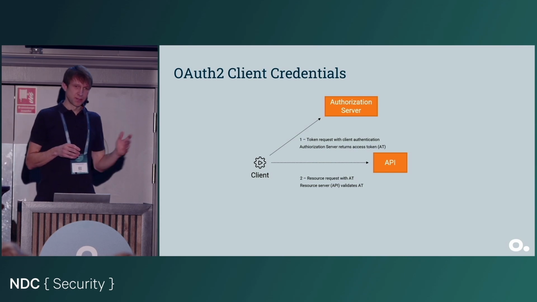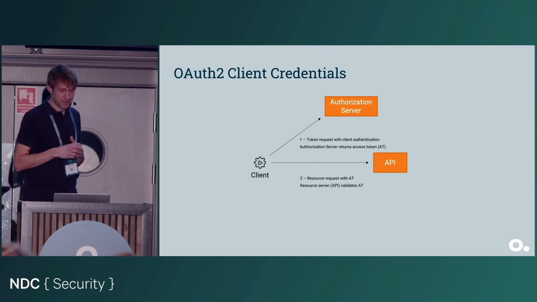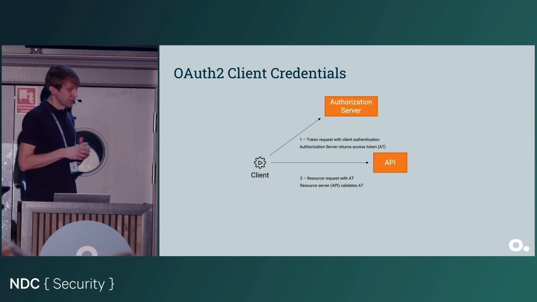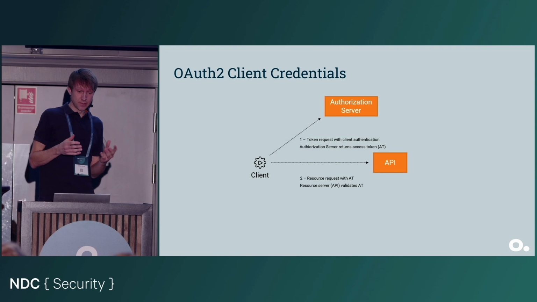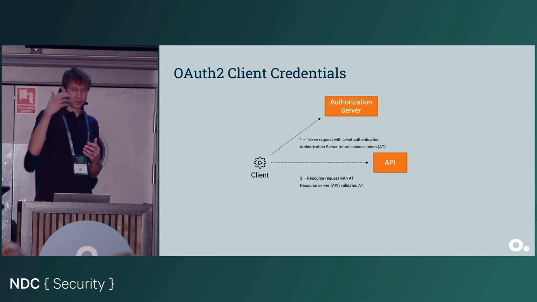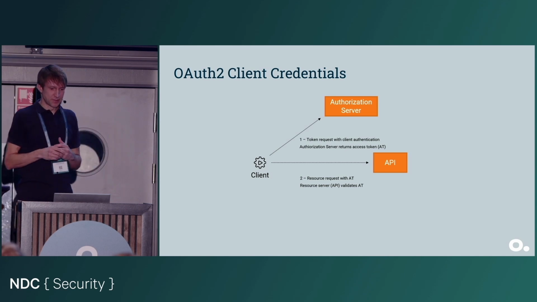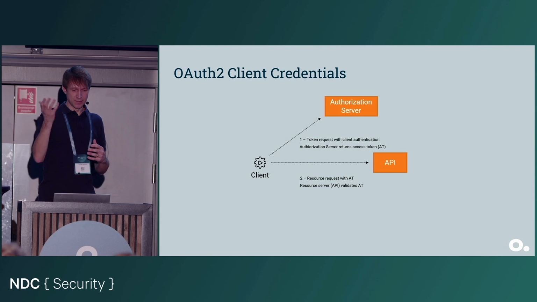So we have the API and the client just as before, and we introduced the authorization server. And now the client authenticates with the authorization server using a strong method, preferably like mutual TLS or private key JWT or maybe basic auth.